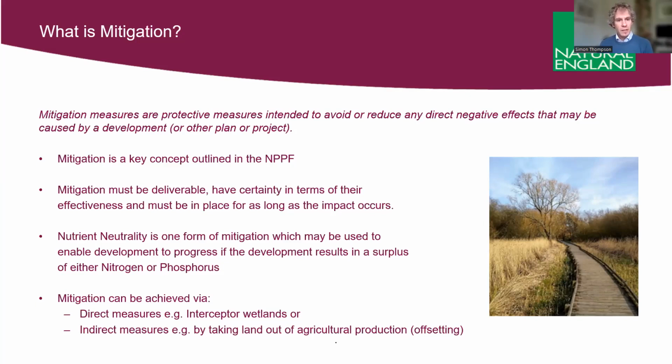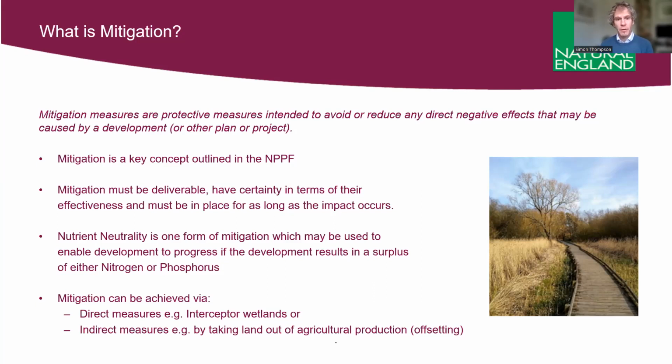It also needs to be certain. So it's got to be effective and be in place for as long as the impact occurs. So this is why it can sometimes be challenging to use planning conditions for mitigation.